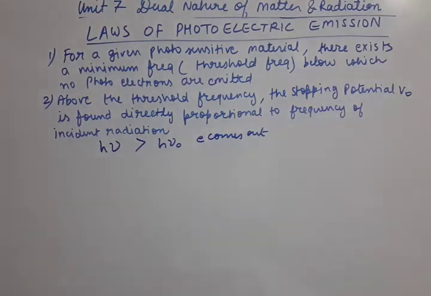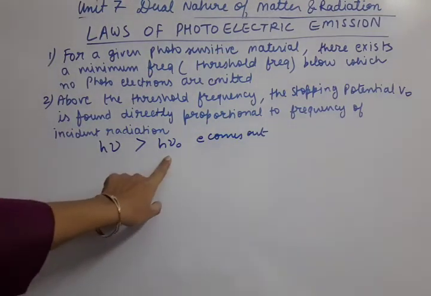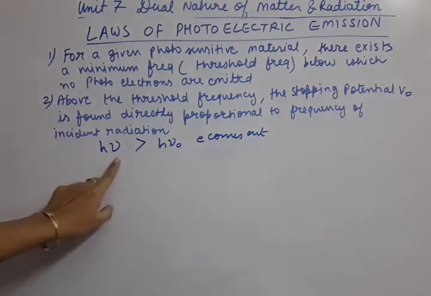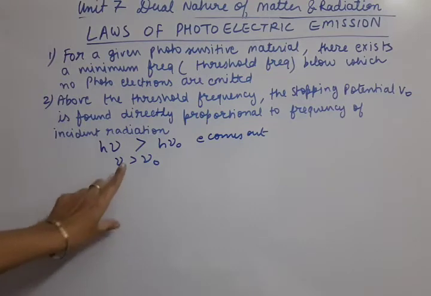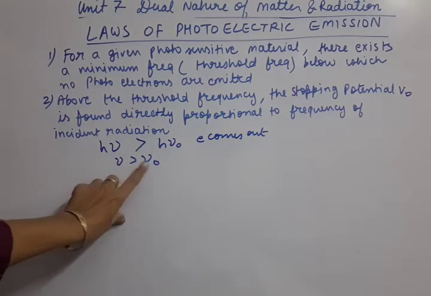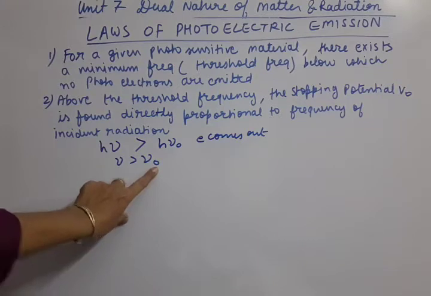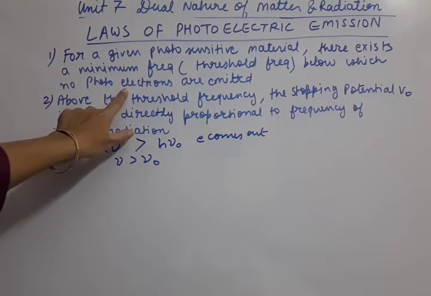This is the first condition of the photoelectric effect. So we can write this in the form of nu and nu 0 also, that the incident frequency should be greater than the threshold frequency. So this is told in the first statement.